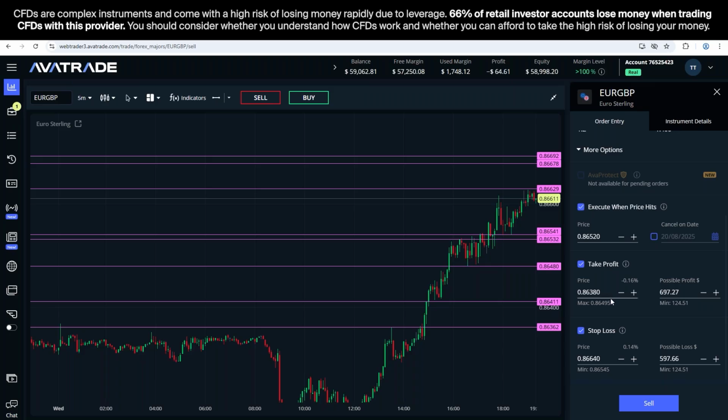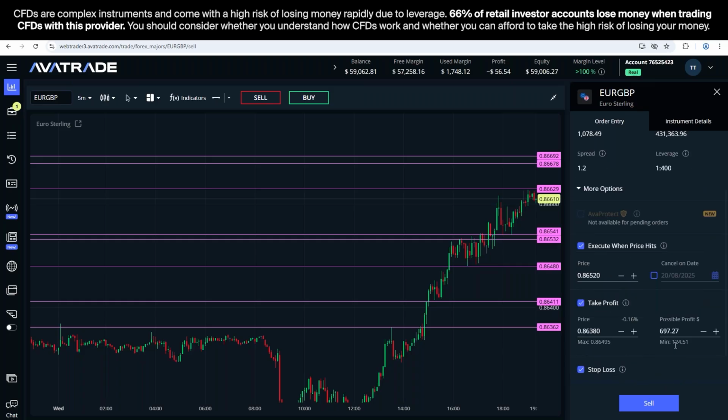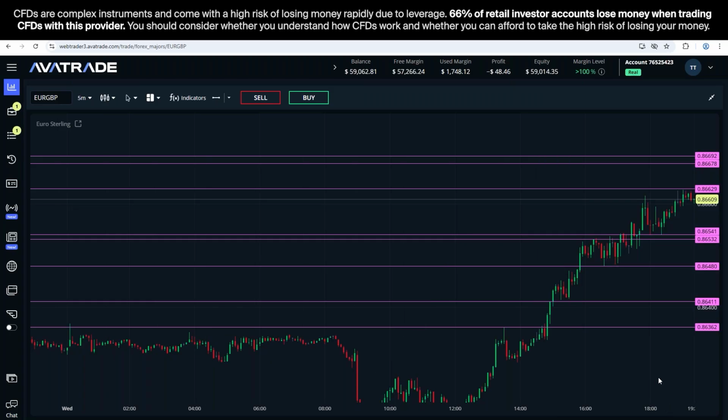Okay, so a little better than that on the profit side if it wins. So trying to make about 700, risking about 600, only entering if indeed it becomes a strong enough downtrend to break this support level, then it would trigger my trade.